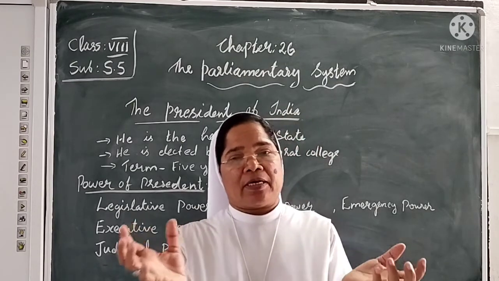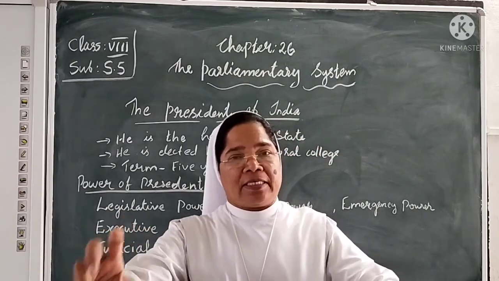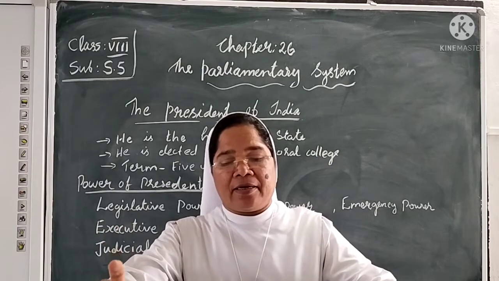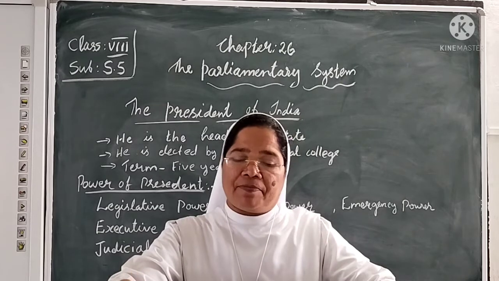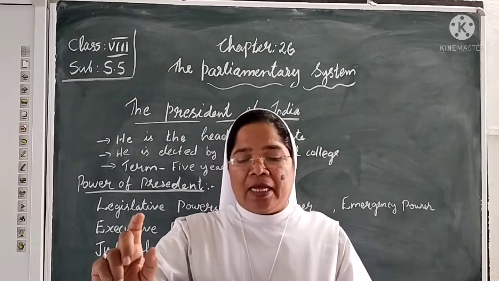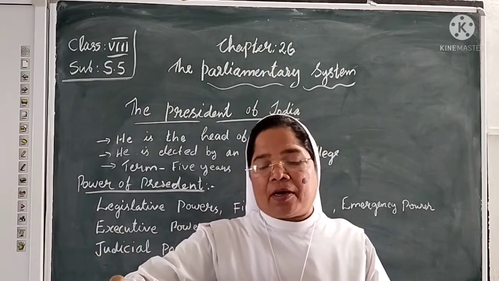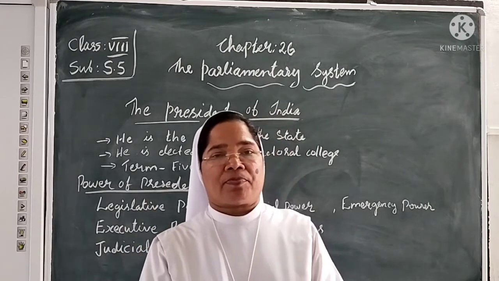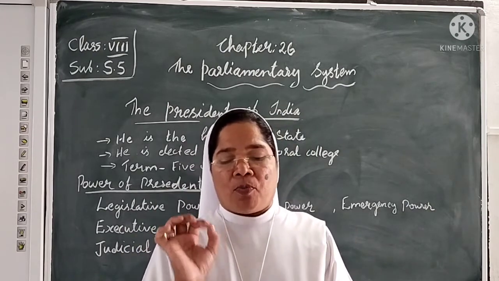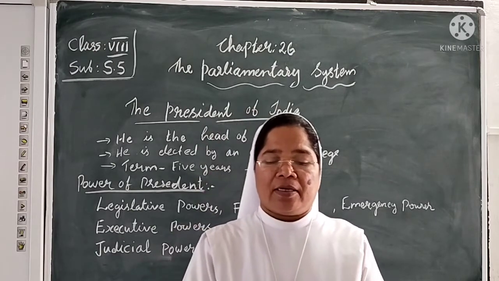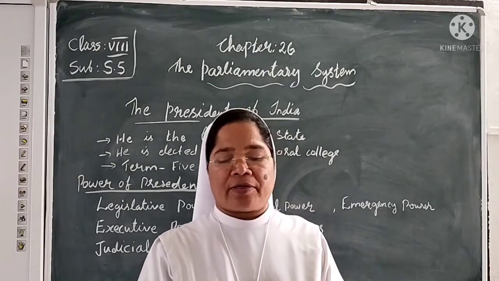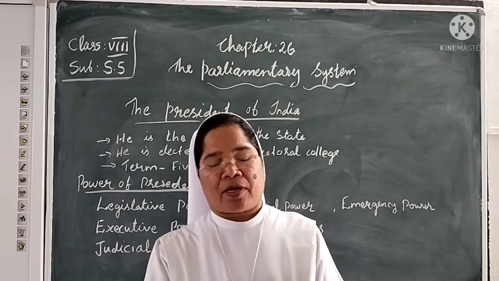So, how is he elected? He is elected by an electoral college which consists of the elected members of both houses of Parliament and the legislative assemblies of the states and Union territories of Delhi and Pondicherry.